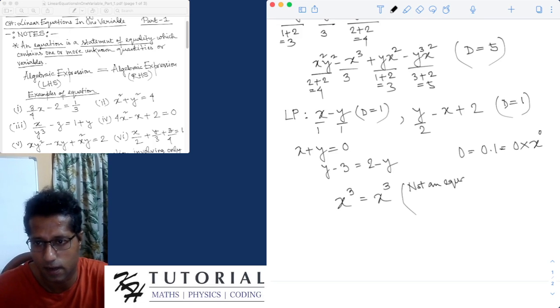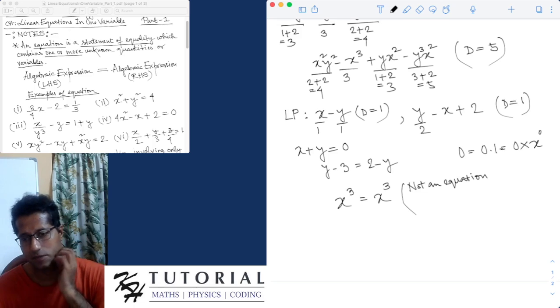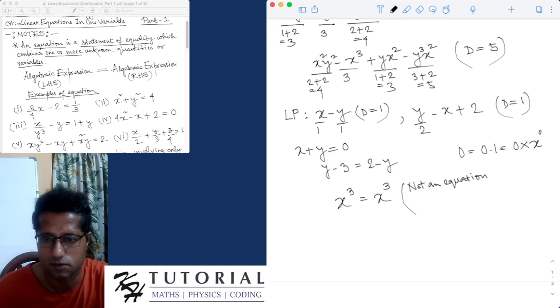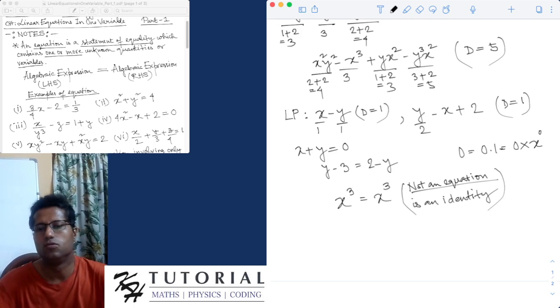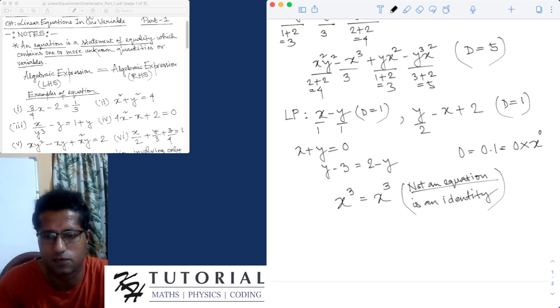This is an identity. You will learn about algebraic expressions and identities in some other chapters or in future classes. Why an identity? Because both the LHS and RHS are the same expression.